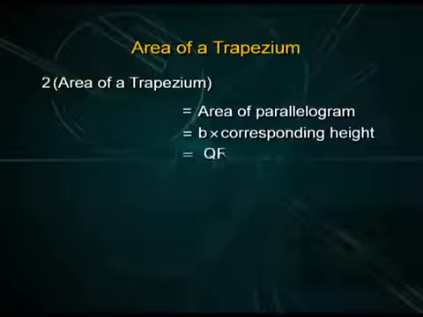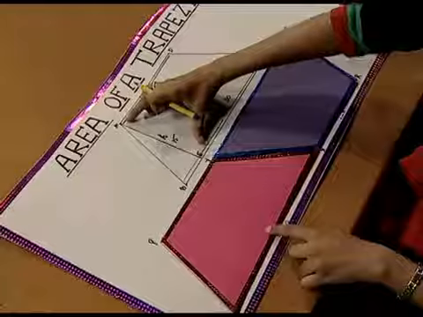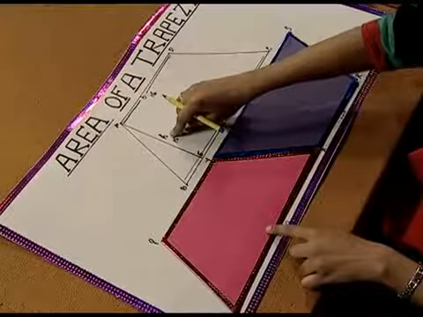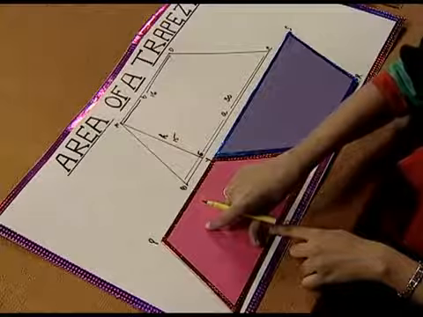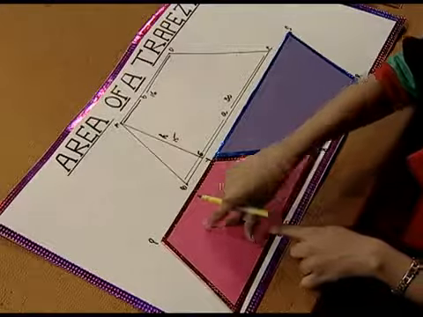So we can write here the base is QR into corresponding height. Now what is the height in this? Since this parallelogram is made up of trapeziums, and the height of a trapezium is h units, similarly the height of the parallelogram is h units. So this is h.